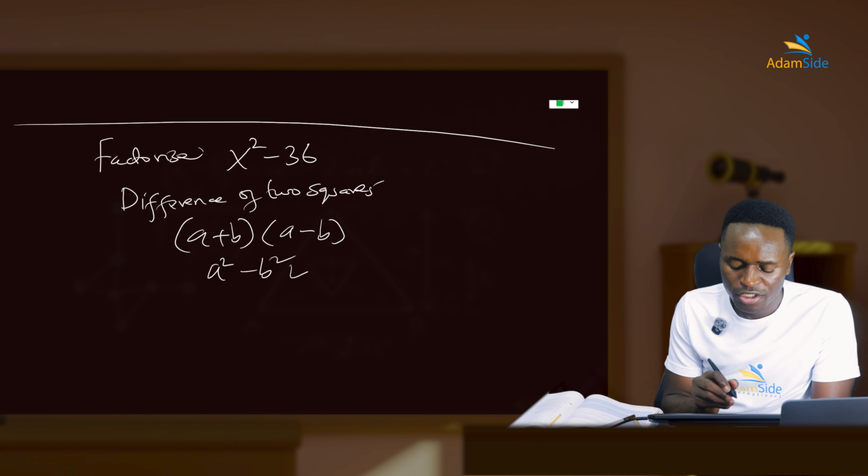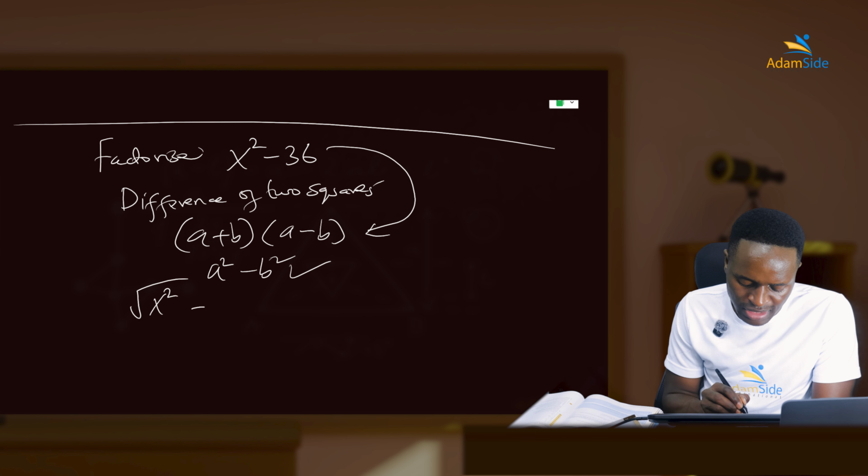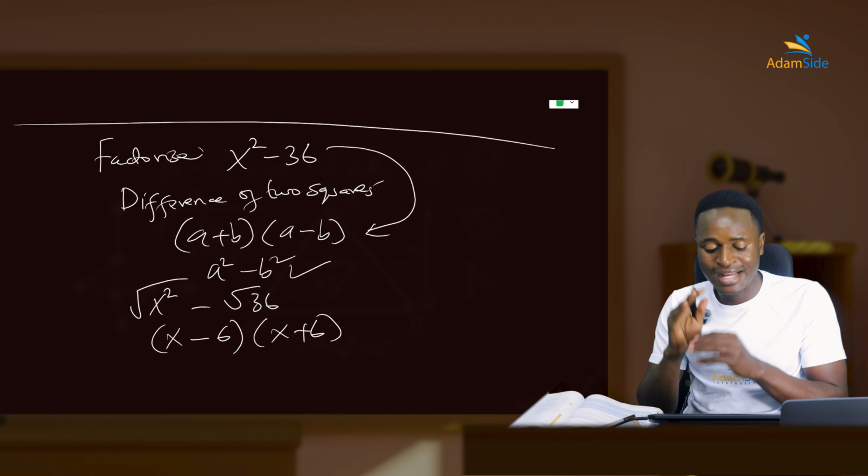So the same here. To take this back to this form, you just find the square root of each, because they are squares. You will get x minus 6, and just name the other one as x plus 6. You will have factorized it like that.